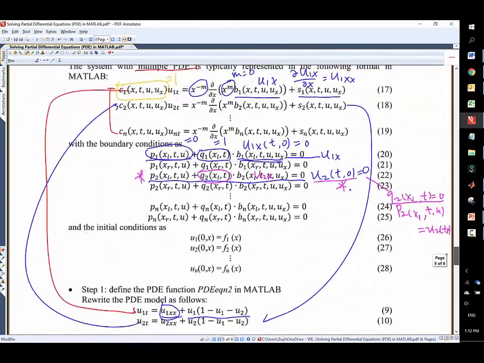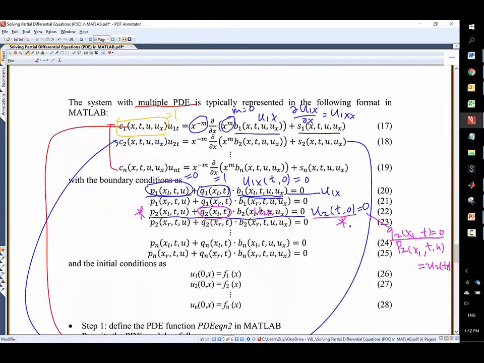Remember, this one is u1x, the derivative of u1 over x, so we don't have it. Therefore we have to push this q1 to 0.